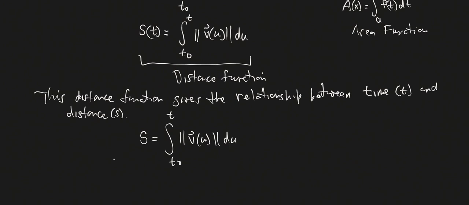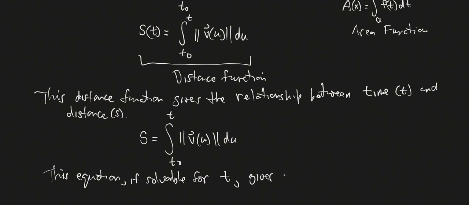So this equation, if solvable for t, gives us a way to, and the verb, so going from an r(t) to an r(s), that process is called reparameterization, right?